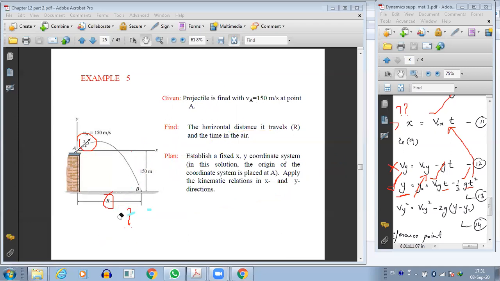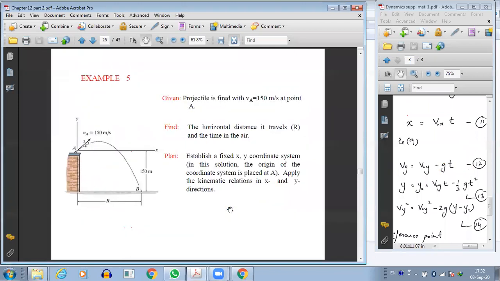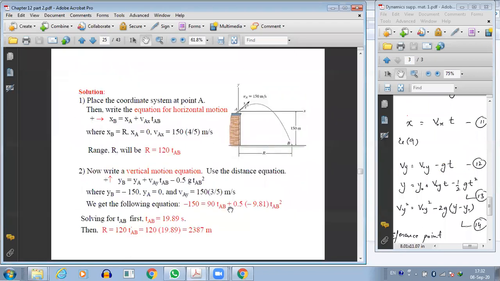So let's have a look at the solution here. This is the main equation we use here.